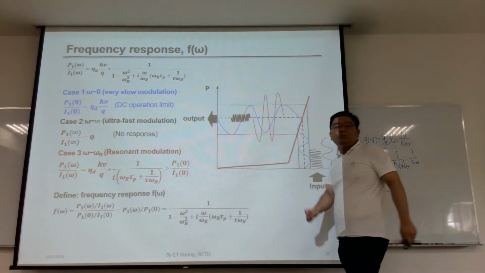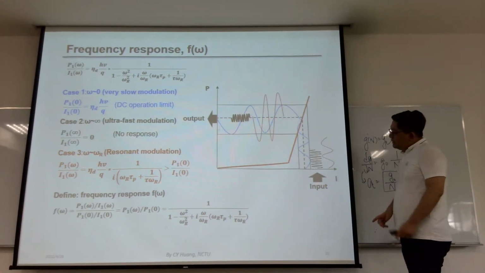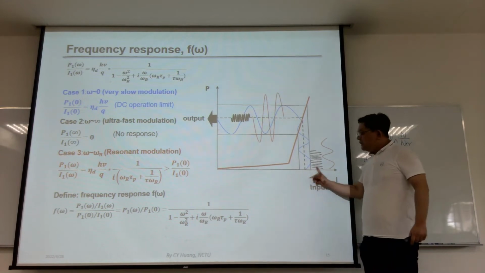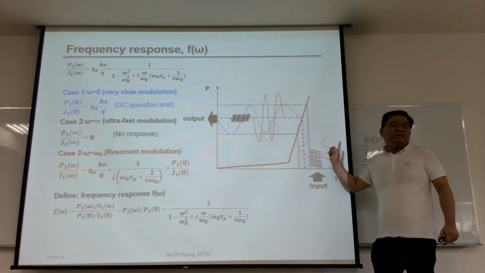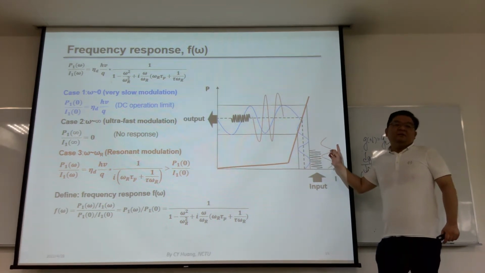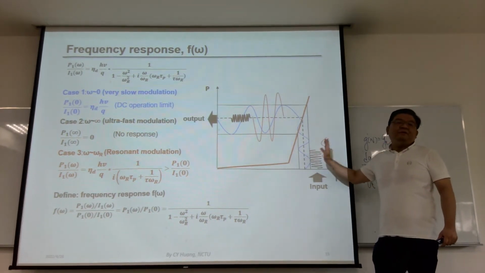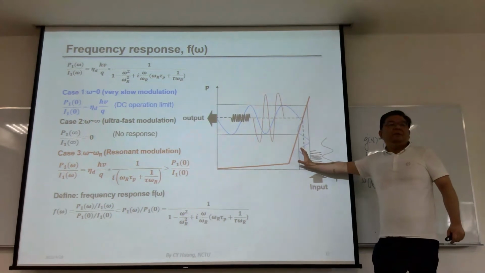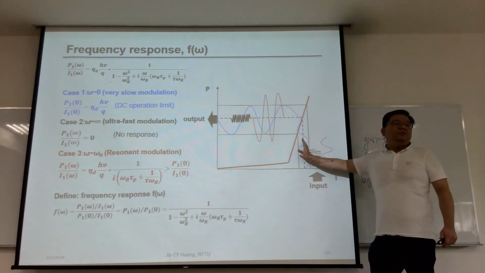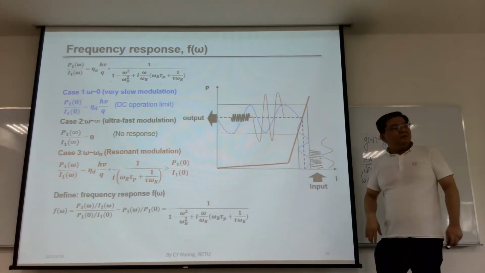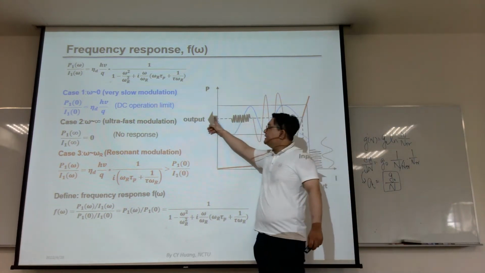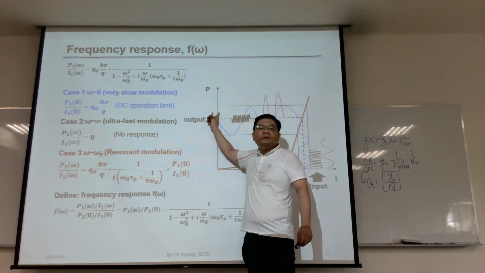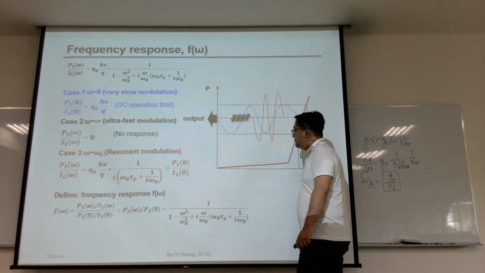That means no response, because you are increasing and reducing the carrier density too fast. It is too fast for the photons to catch up with the change of the carrier variation. So the total output power is actually much smaller than its DC limit.